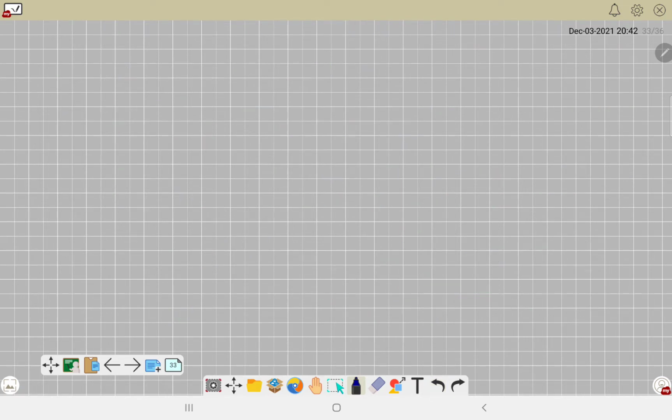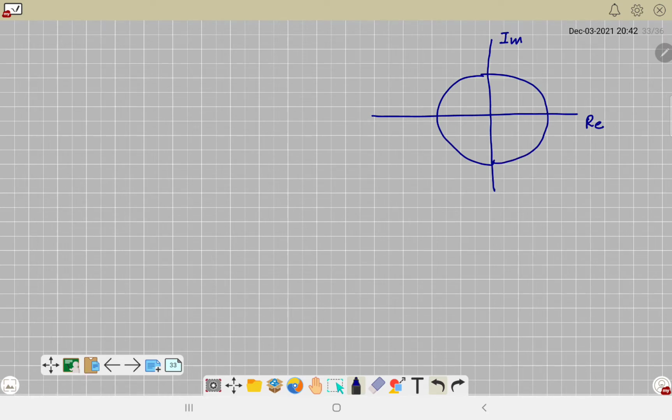So this actually means that you have the z plane, real, imaginary, and on this z plane I draw a circle whose radius is 1. So this point here is 1. The radius is from here to here.